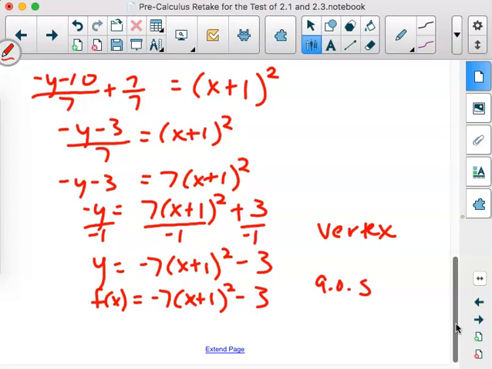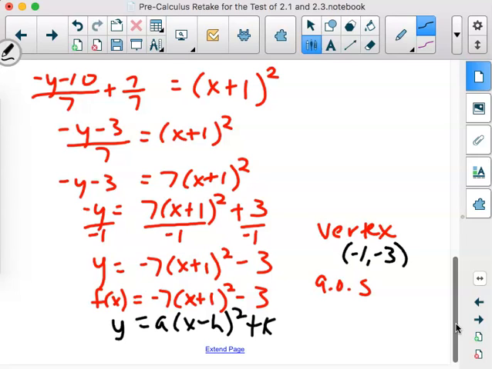So no matter what, the first thing you're going to do is figure out where that vertex is. And remember that h is always the opposite of what we see in those parentheses, so it'll be negative 1, negative 3. And then x equals negative 1 will be our axis of symmetry, and that's a line. So you have to have the x equals on there, x equals negative 1, in order for that to get you points. An equation for a line.